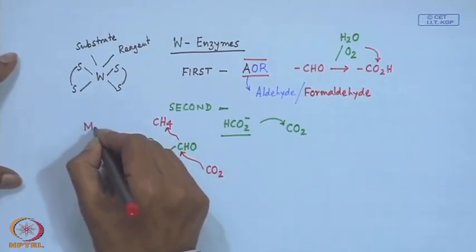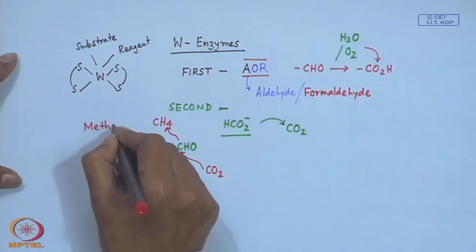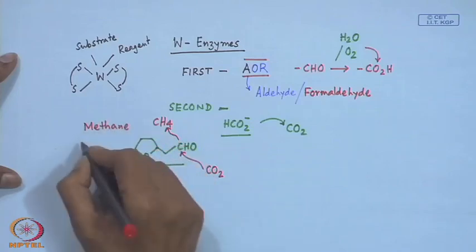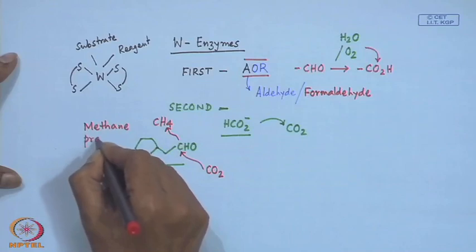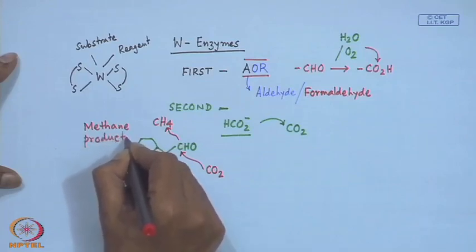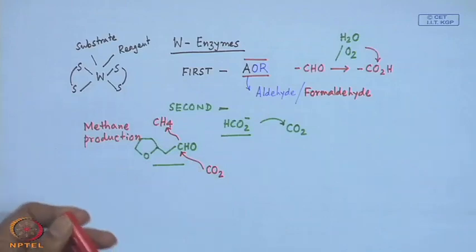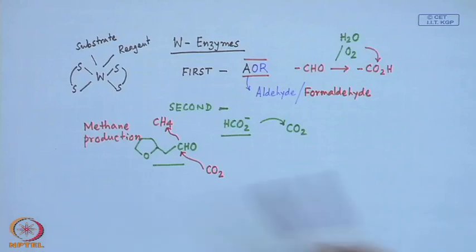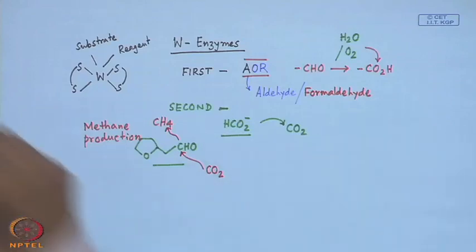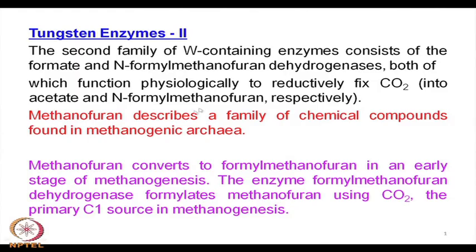So, methane production is therefore dependent on the tungsten center, if the tungsten center is utilized for handling all these molecules. So, methanofuran basically converts to formyl methanofuran in an early stage of methanogenesis.